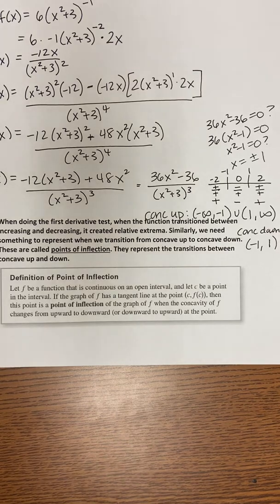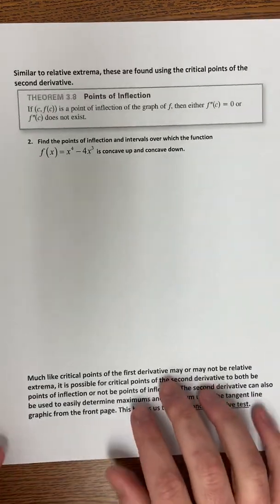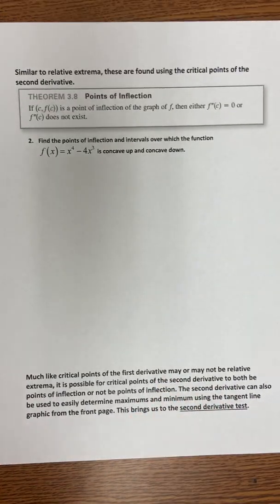We just generally call them all points of inflection. So down below is a definition, but generally you have a point of inflection if the concavity is changing from upward to downward or downward to upward. And again, much like relative extrema, you can only have points of inflection when the second derivative is equal to 0 or it doesn't exist. And we'll continue with 3.4 in the next video.